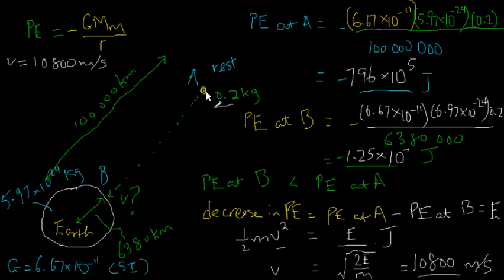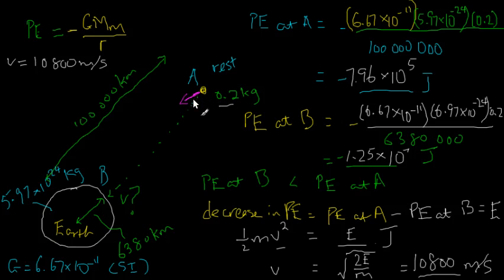Now suppose that instead of just dropping it, I give it a slight nudge, just a tiny little nudge, nothing like 10,800 meters per second, so that it falls at a tiny little angle.